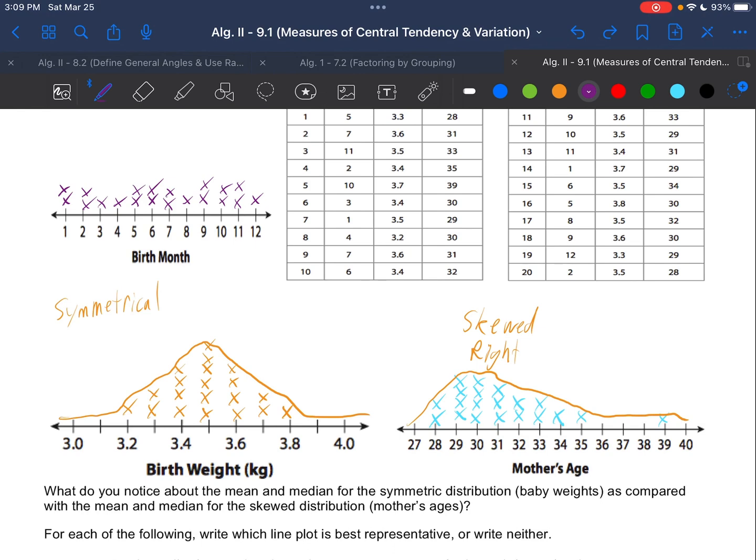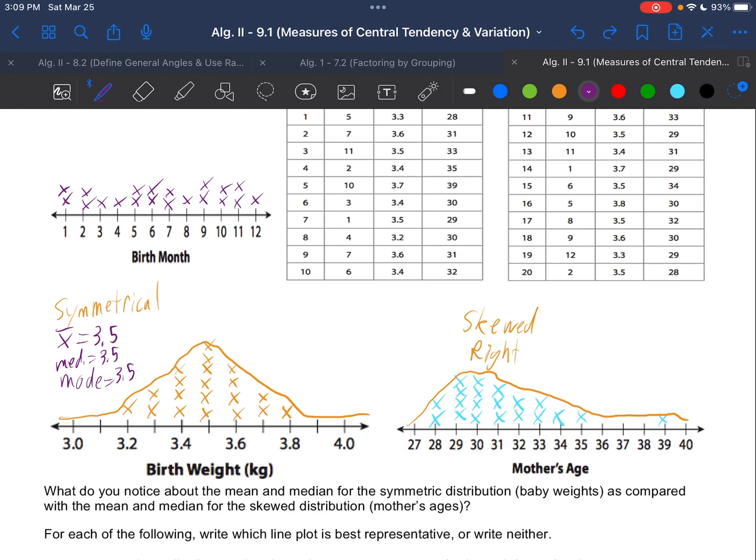And it asks us to compare the mean and median for these. So the mean for this birth weight, and you can find that, go and add those up and find the mean, would be 3.5. The median, the middle number, and it can be easier to do this way by counting, would also be 3.5. And you can also find the mode, even though it didn't ask us to, which is also 3.5.